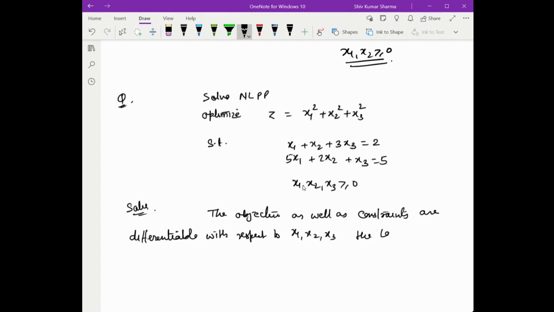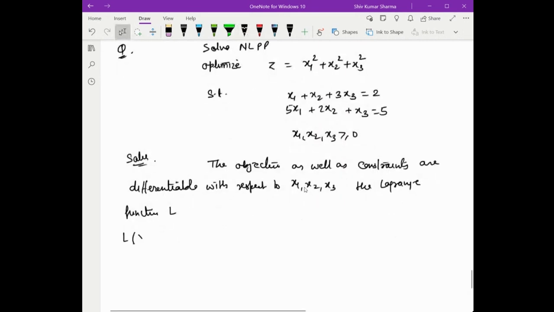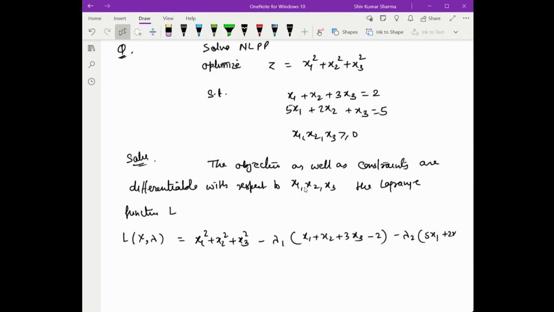So we make the Lagrange function L of x, lambda, equal to the objective function x1 square plus x2 square plus x3 square, minus the first multiplier lambda 1 times the first constraint x1 plus x2 plus 3x3 minus 2, minus lambda 2 times the second constraint 5x1 plus 2x2 plus x3 minus 5.